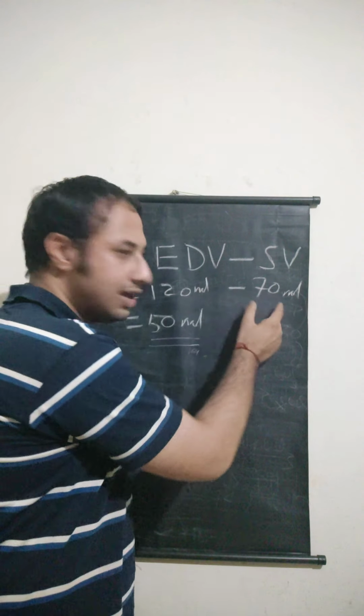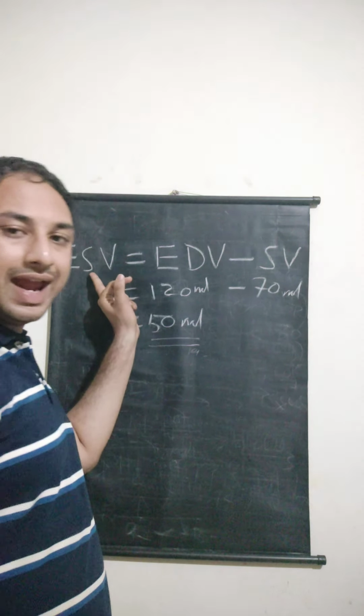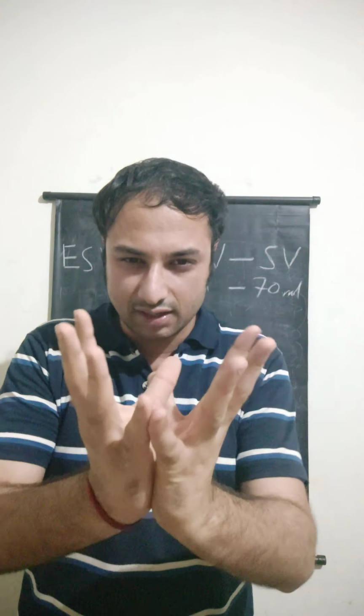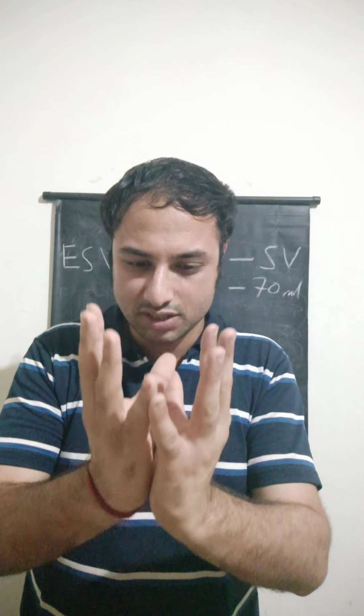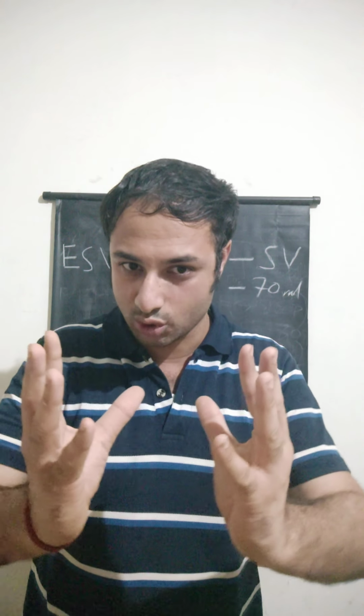So 120 minus 70. What is the end systolic volume when both the ventricles are fully contracted and are just beginning to relax, to go into diastole?